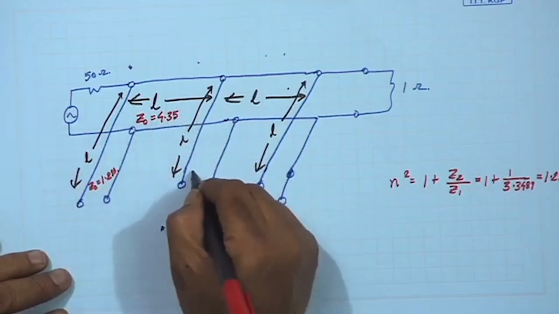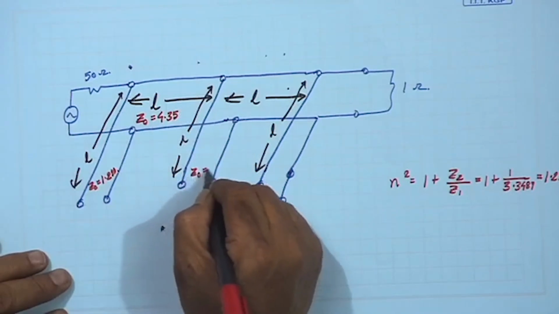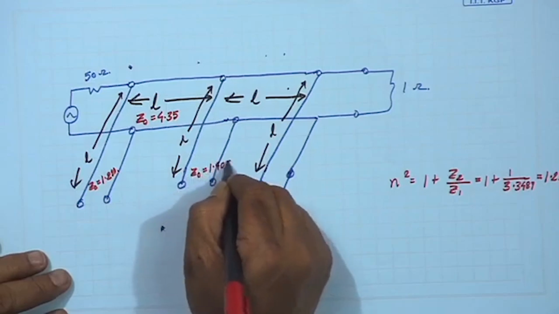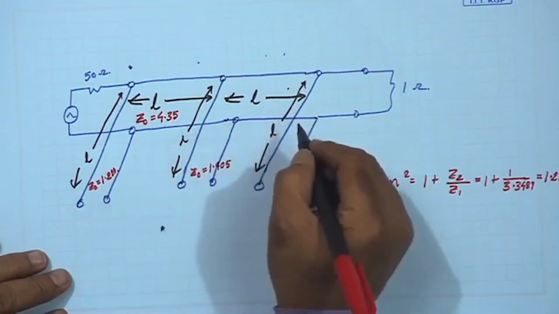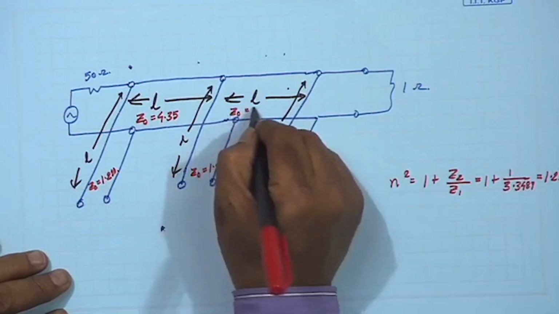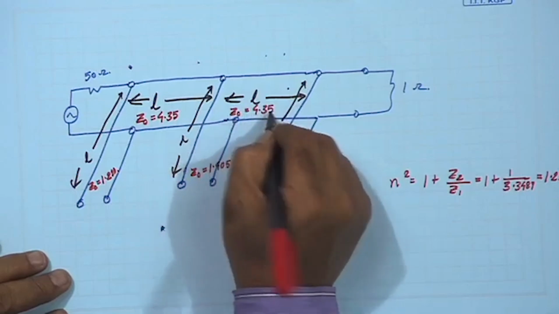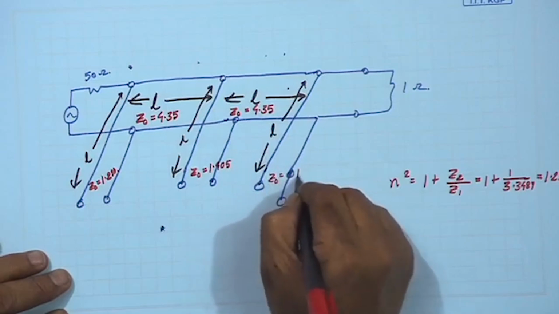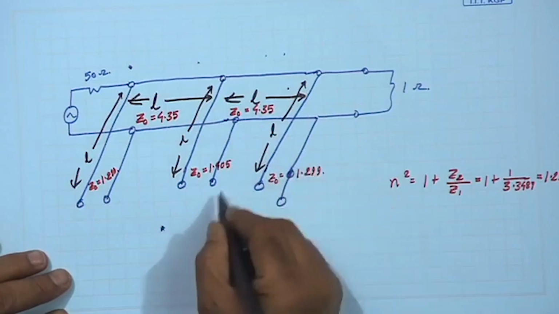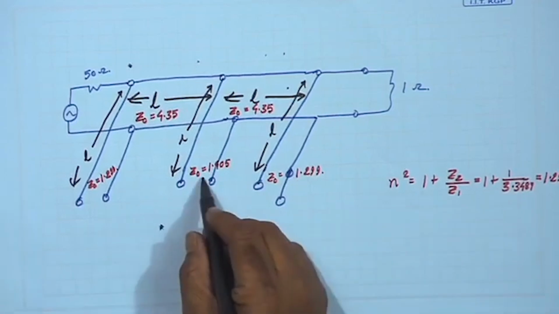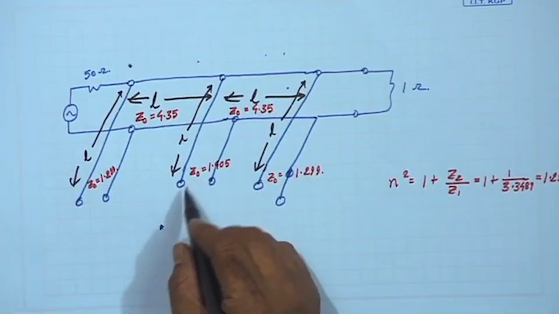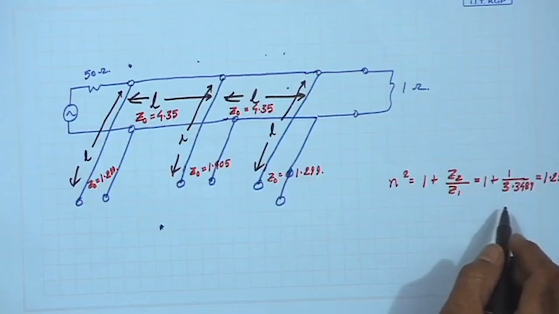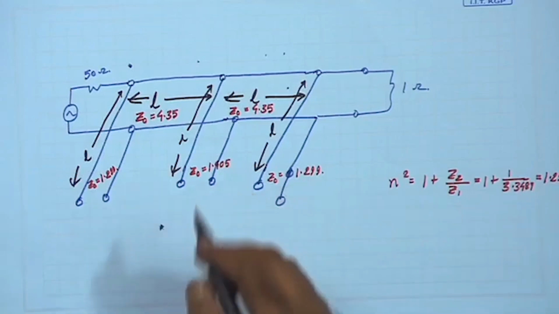Then this one is Z naught equal to 1.405, and this one is Z naught equal to 4.35, and this one is Z naught equal to 1.299. This is just the original capacitor. So, that is why this is different, but these two are the same.